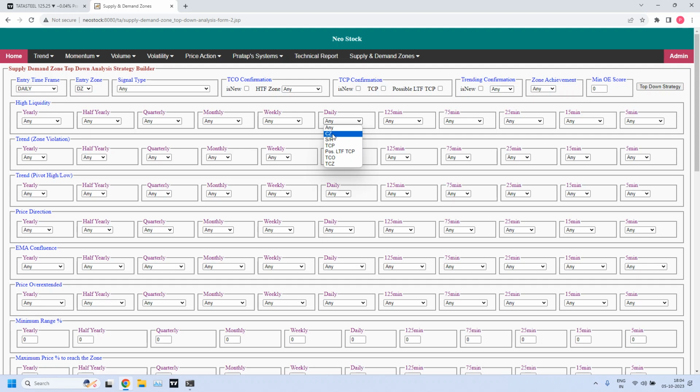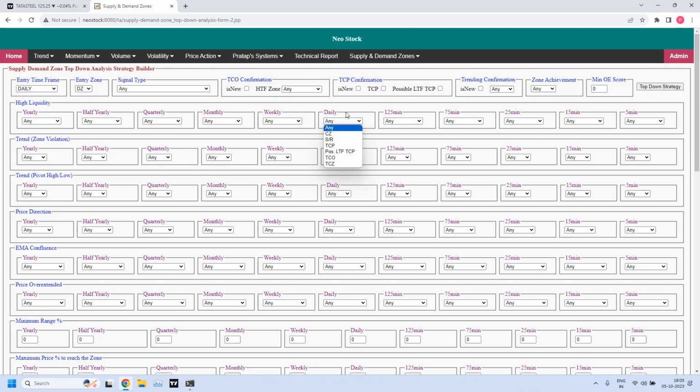CZ has the highest priority, but actually it has the highest priority in quarterly, monthly and weekly time frames. And strictly speaking, support and resistance has higher priority than CZ from daily time frame onwards: daily, 125 minutes, 75 minutes, 25 minutes, 15 minutes, 5 minutes. In all these time frames, S by R has higher priority than CZ.